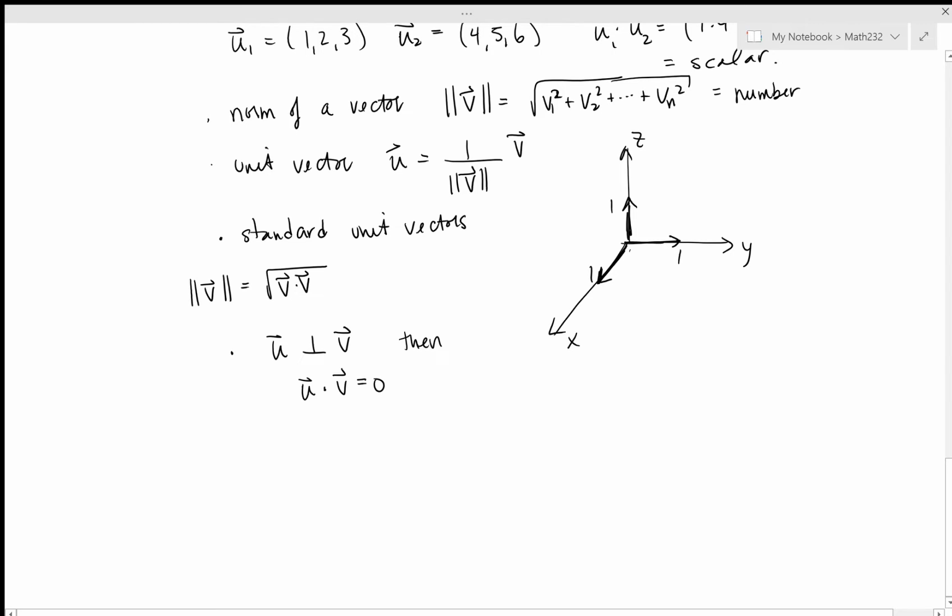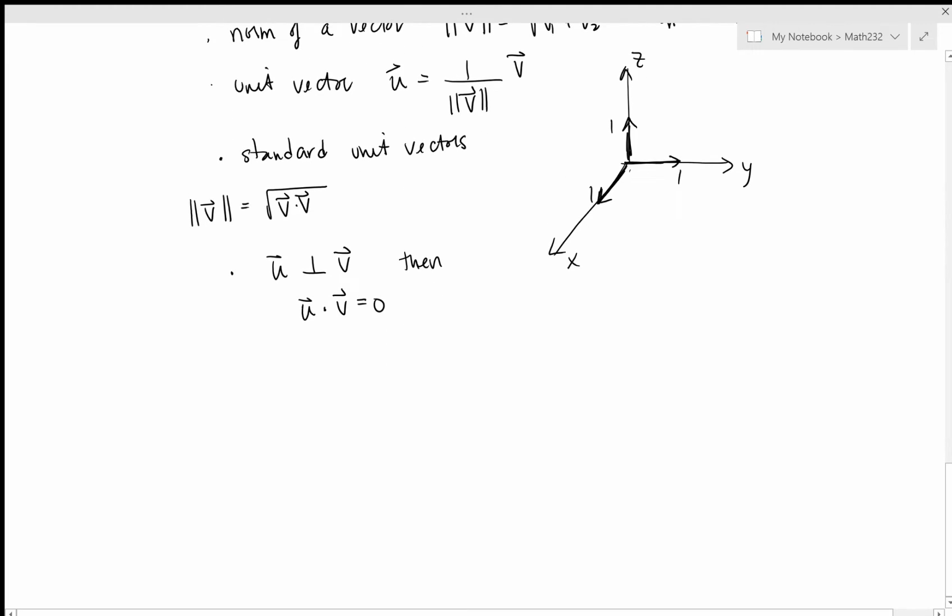So if I take a dot product of two vectors and it comes out to 0, I can conclude that the vectors are perpendicular to one another. If it doesn't come out to 0, I can find out what the angle between the two vectors are. And that is the angle between two vectors, u and v, is the dot product divided by the norm of u times the norm of v.